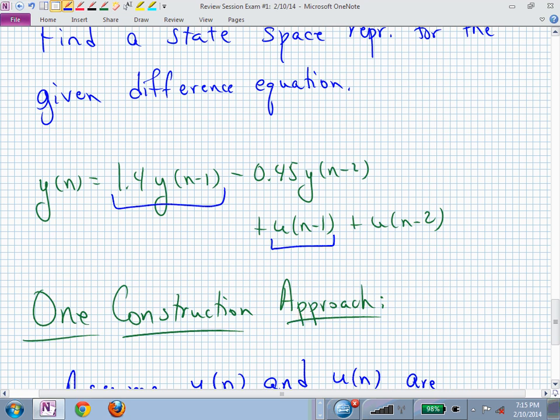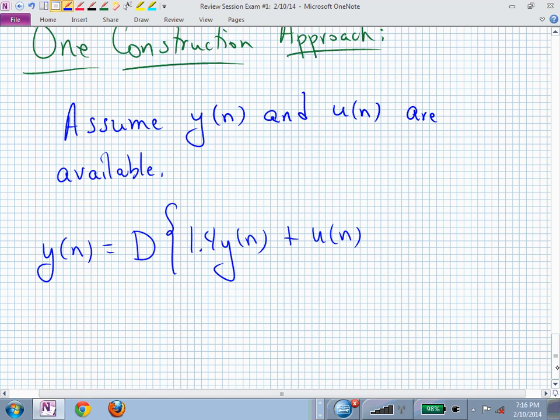I wanted to create a y of n minus 1 and a u of n minus 1. I can get those. I'm assuming I have access to u of n and y of n. I just delay both of those and scale them by the amount that they need to be scaled. Now, I need to account for y of n minus 2 and u of n minus 2. But that delay thing worked pretty well, didn't it? Well, now I'm effectively embedding, if I go down here and say, well, I haven't closed up this curly bracket.